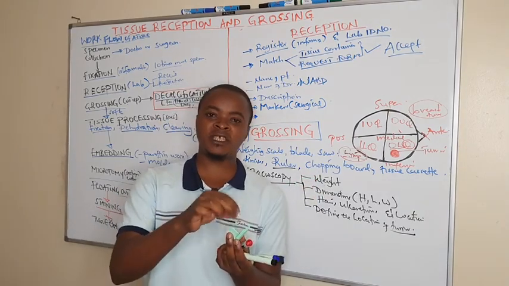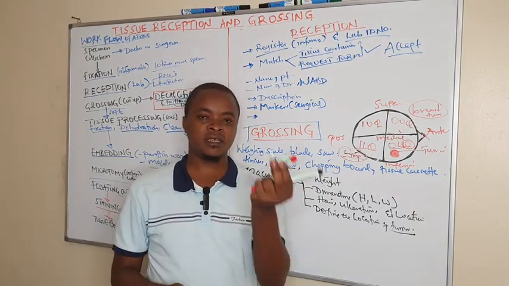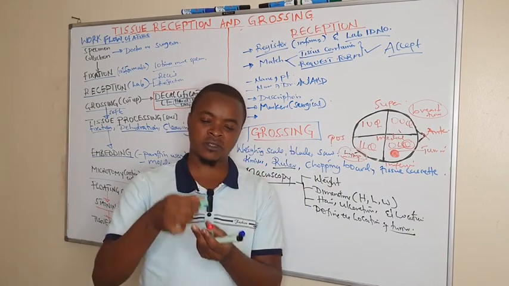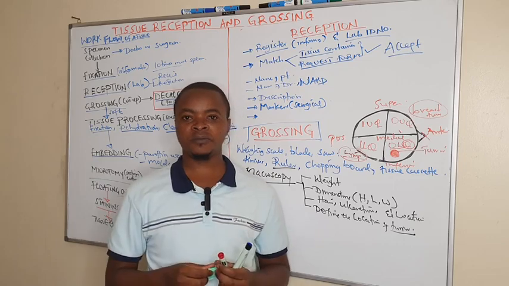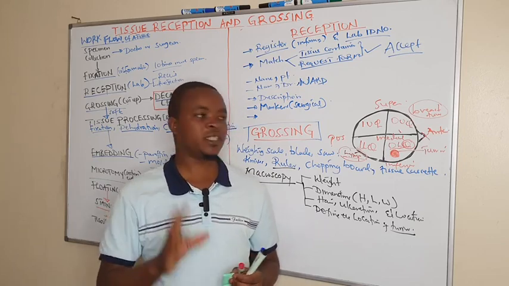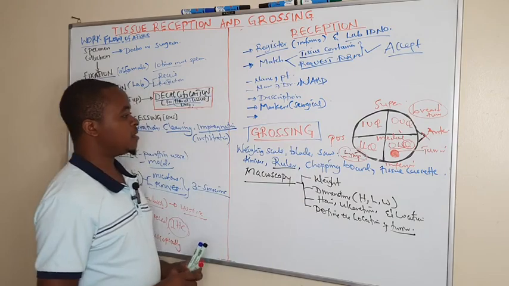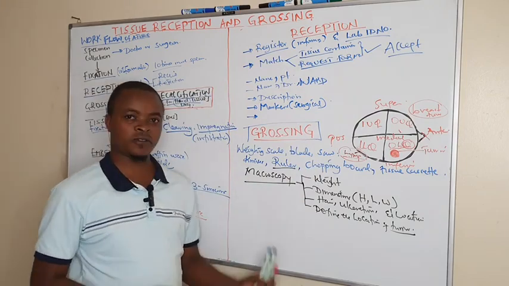Then you put different sections cut in this tissue cassette and you close. Then it is ready for tissue processing. So this is what we can discuss under grossing of the tissue.